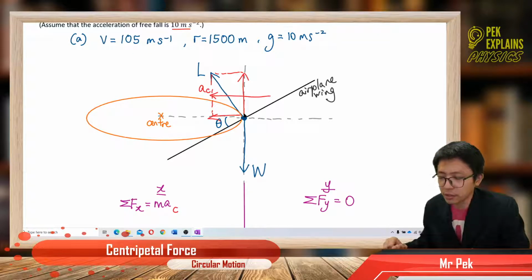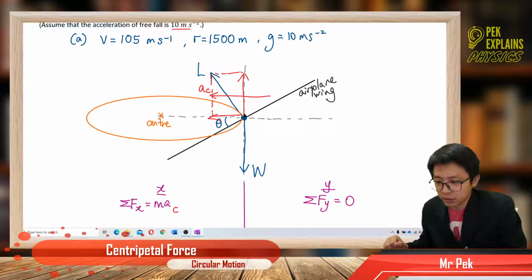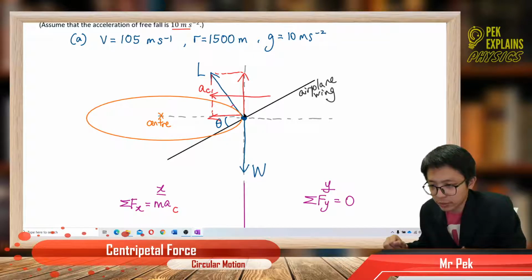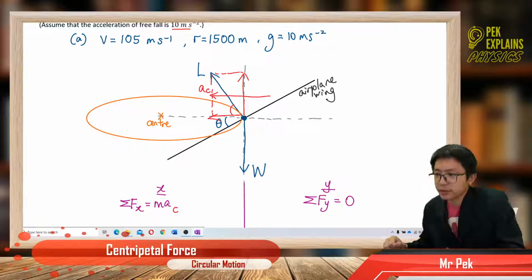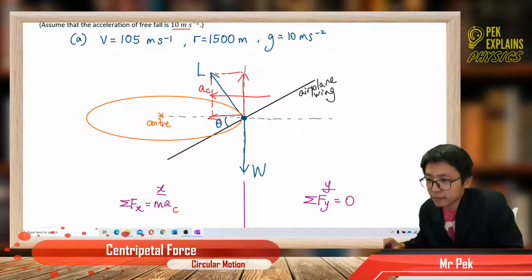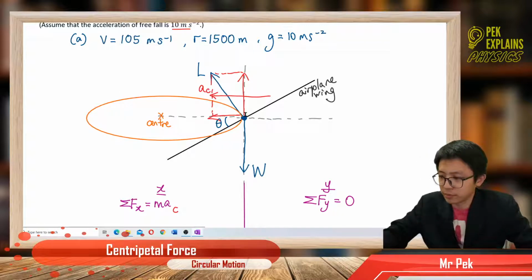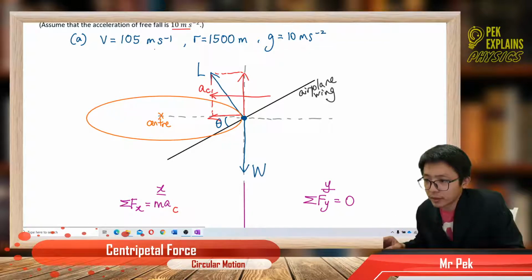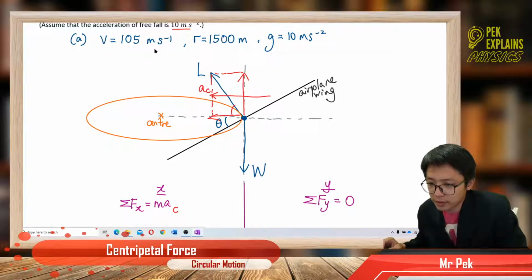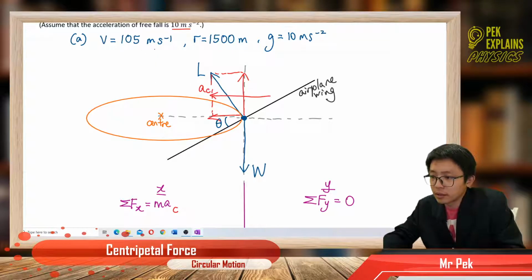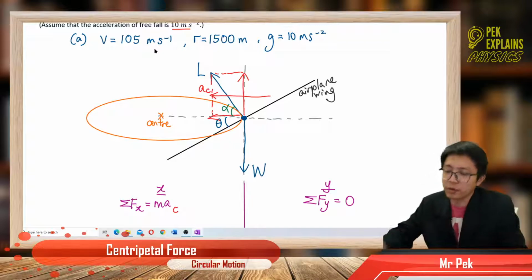So what is the x component? We need an angle. First of all, we don't know this angle, so I'll put it as alpha.